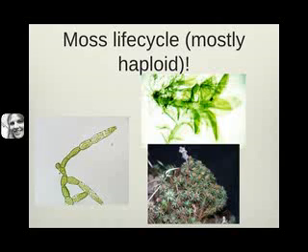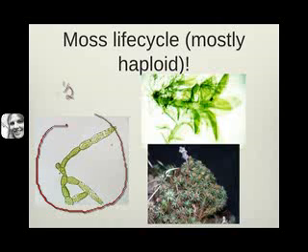these groups. So in the mosses, we would start with a spore. The spore is a haploid spore, so that means it has half of the set of genetic information. We'll look at this again when we look at the cyclical life cycle. The spore will germinate into this structure we call a protonema.